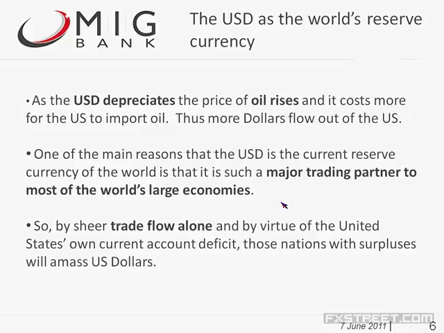So by sheer flow of trade alone, the US is transferring dollars to those nations with surpluses. So all of the surplus nations are just naturally going to amass US dollars.